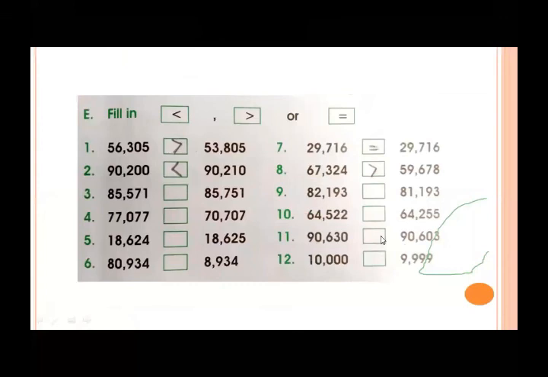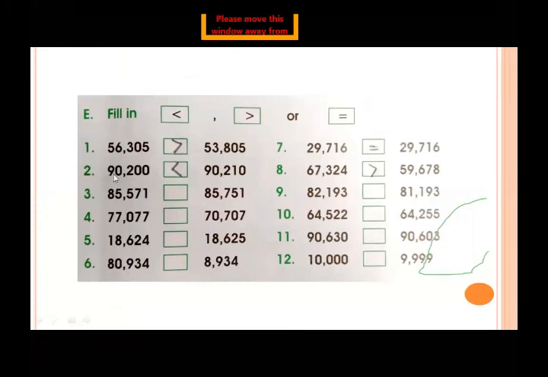Next part is part E. Here you do comparison of numbers. You know how to put greater than, smaller than, is equal to signs. Here some questions are solved for you. Number 1 is 56,305 and 53,805. First of all we have to see the 10,000 digit, but both the 10,000 digits are same. Then we have to see the thousands place. Here 6 is greater than 3, we put the greater than sign here.